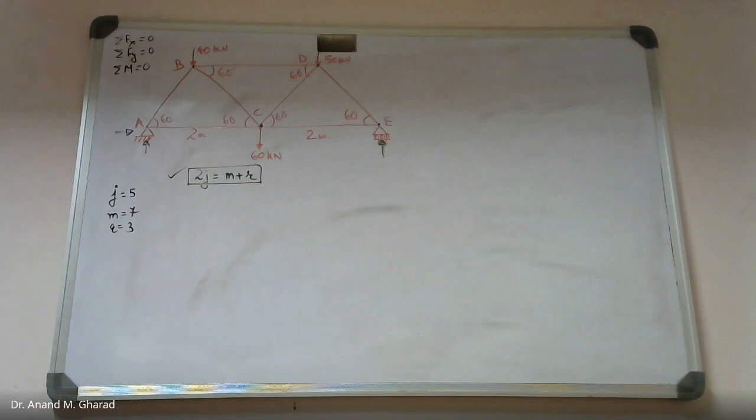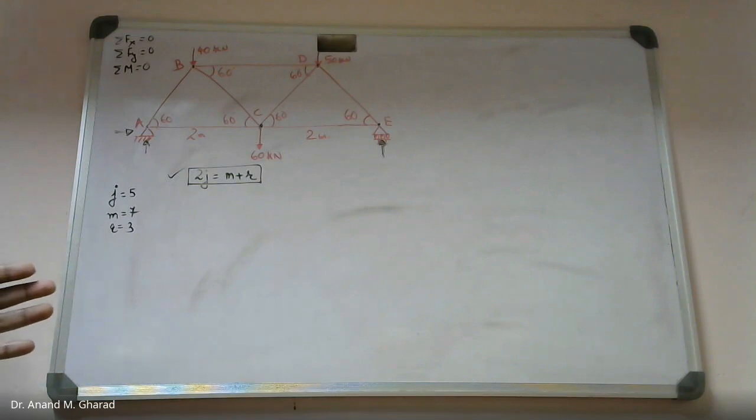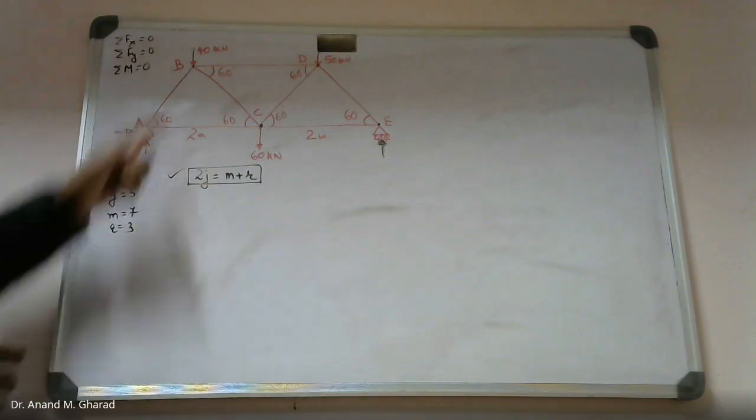The reason is to carry a comparatively huge amount of load, and the member sizes, if you see, are very small. That is the strength of this shape.